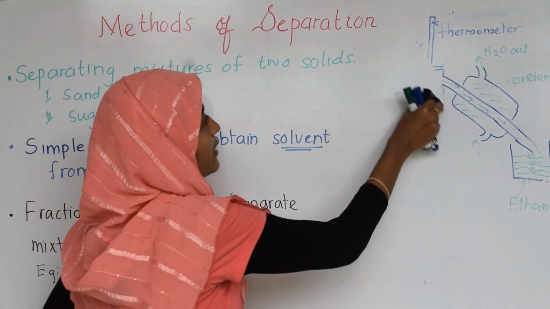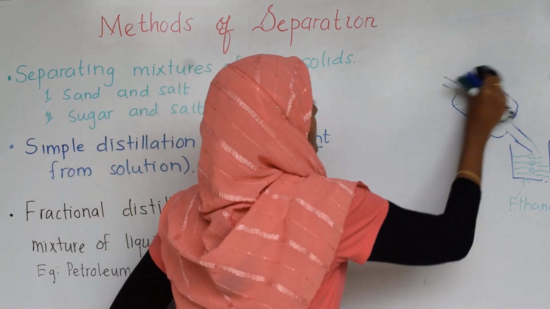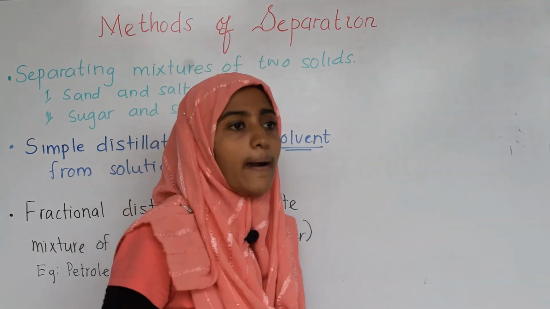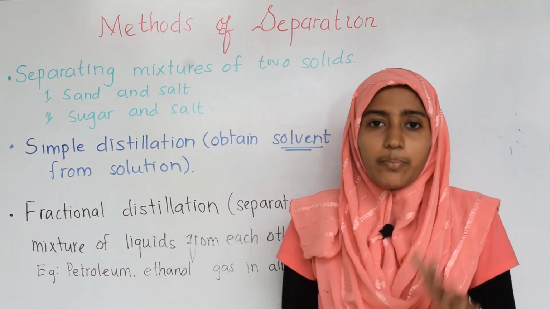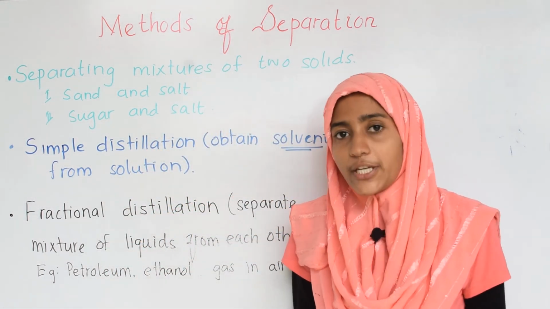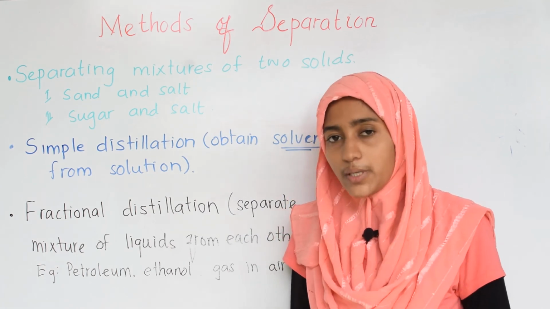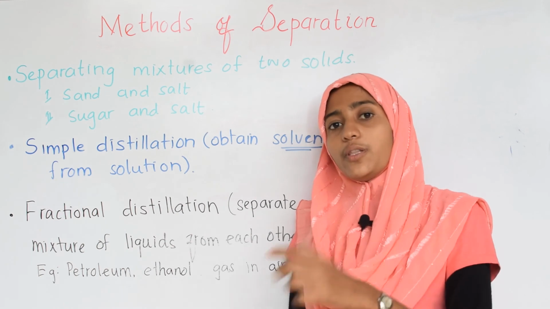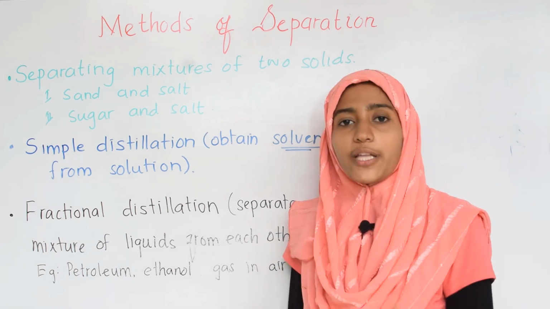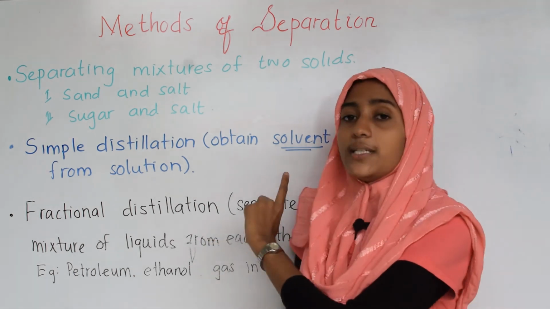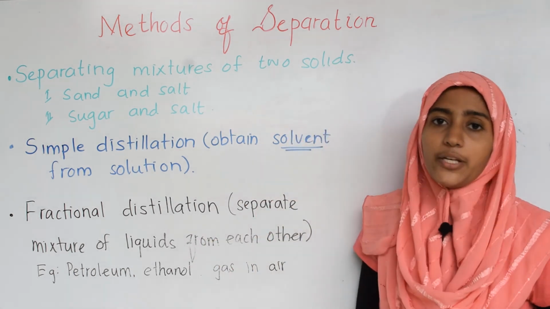Then we also have ethanol producing industries, because ethanol is usually produced by the process of fermentation. So we have other substances which are used in this fermentation process. In order to get pure ethanol free from the other substances that we use to do fermentation, this process of fractional distillation is again made use of there.